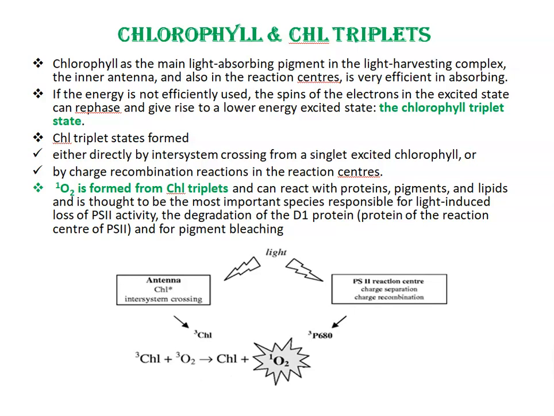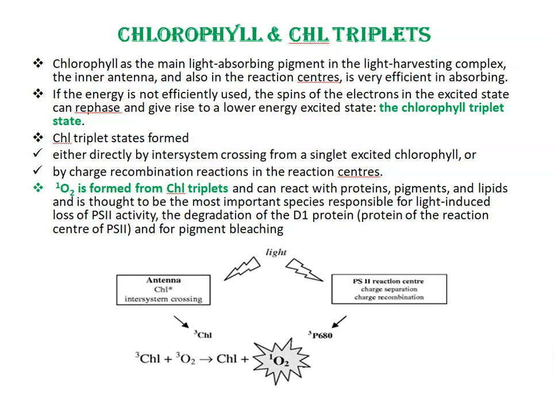If the energy is not efficiently used, the spins of the electrons in the excited state can rephase and give rise to a lower energy excited state known as chlorophyll triplet state.